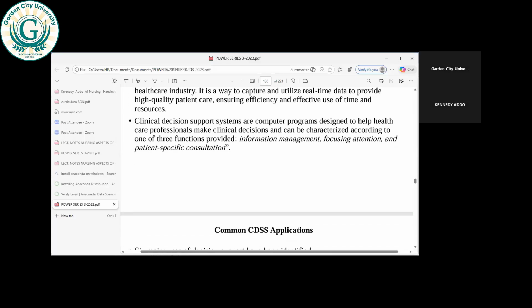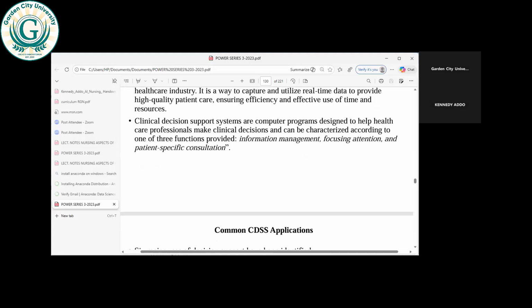Decision support systems are computer-based programs designed to help healthcare professionals make decisions, and are characterized according to one of the following: information management. So that is why we said that in healthcare informatics, we are looking at how best we can rely on robust integrated electronic health records to manage patient information.